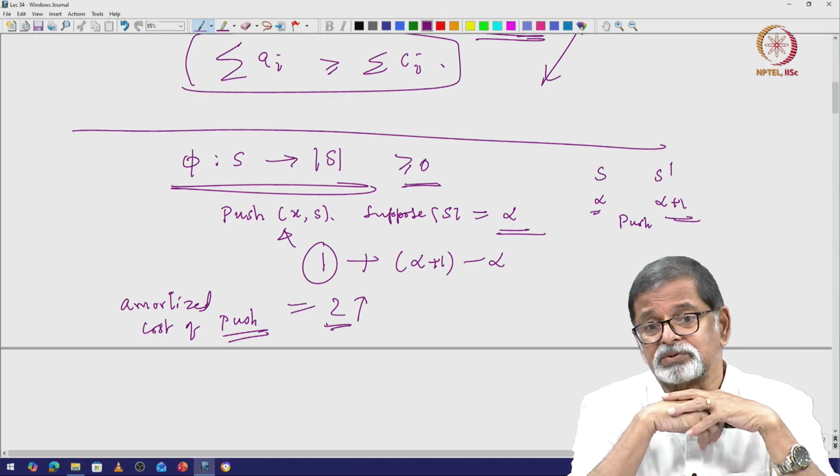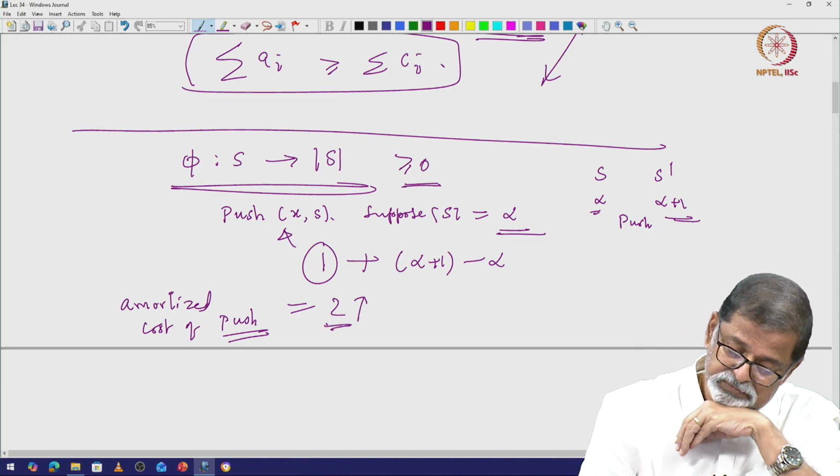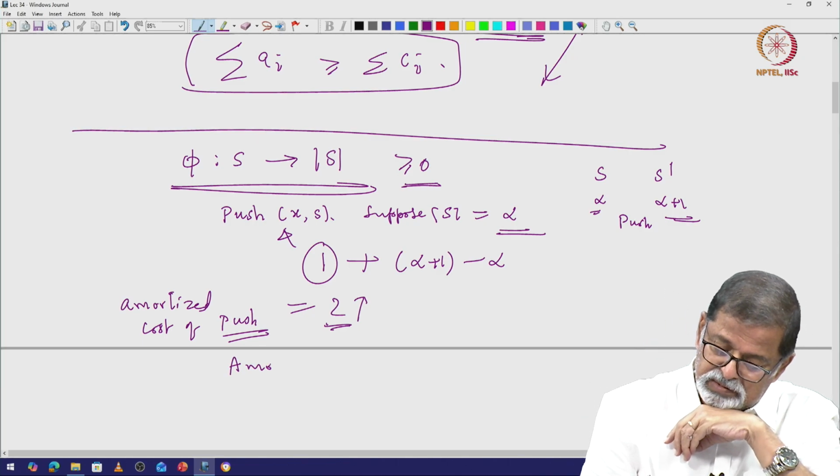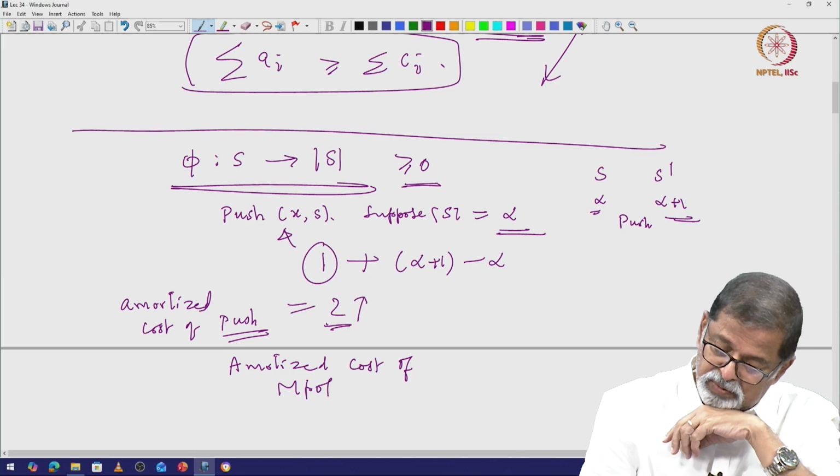Amortized cost of push is 2. What is the amortized cost of MPOP?